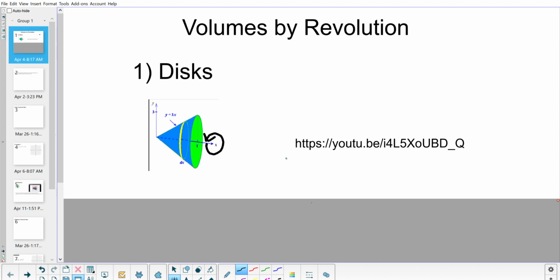And to do that, instead of with area, where we add up an infinite number of rectangles, we are going to add up an infinite number of disks. You can kind of see this yellow piece. They'd all have a different radius, but there'd be an infinite number of disks in there that we are going to add up.